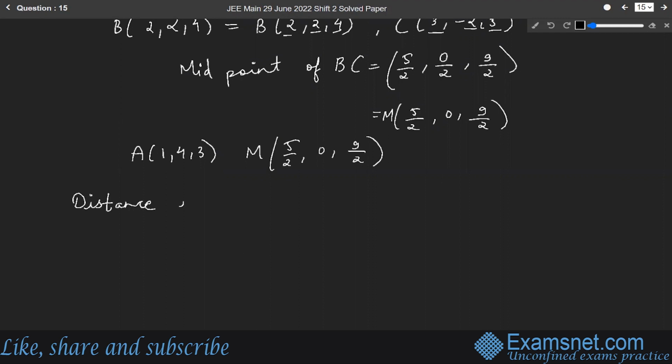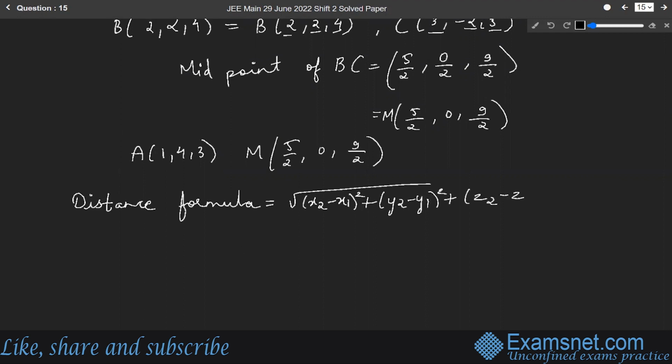What is the distance formula? The distance formula is equal to the square root of (x2 minus x1) squared plus (y2 minus y1) squared plus (z2 minus z1) squared. When we have the coordinates in terms of x, y, and z, this is the distance formula. So now we have to use this formula.